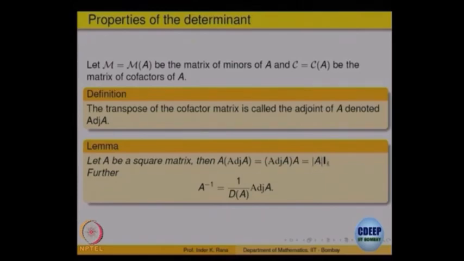The product of the two matrices, adjoint of the matrix multiplied with A, on the left or on the right, gives you a scalar times the identity matrix, and the scalar is nothing but the determinant of the matrix. This theorem is not really straightforward to prove. It is written as a lemma; one has to do a bit of computation to see this.